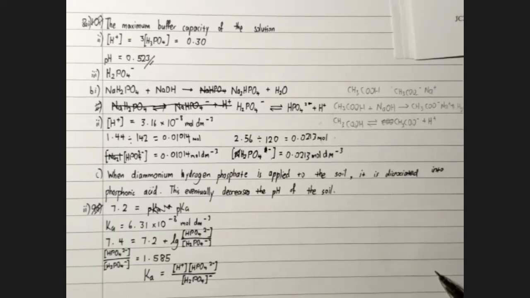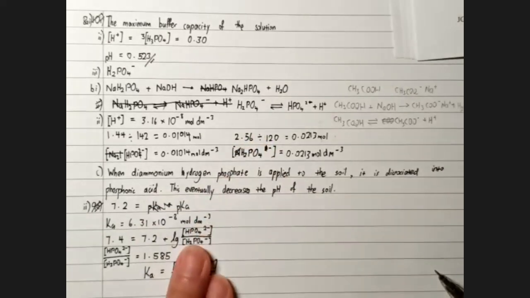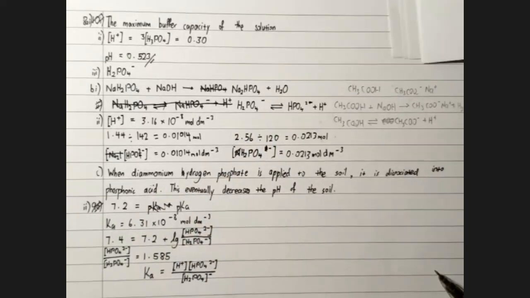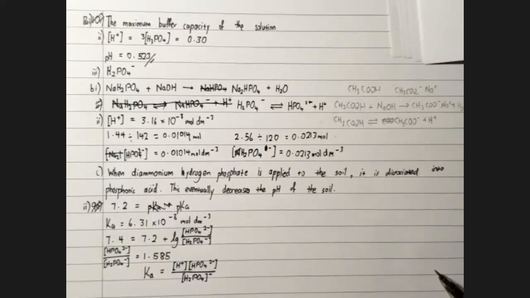Then can I turn the concentration ratio into a mole ratio? I mean, you did that, right? You come from mole to concentration. So the mole of H2PO4 minus, 0.0213, needs to minus X, and the mole of HPO4 2 minus, 0.01014, needs to plus X, considering that the reaction is 1:1:1:1, correct?